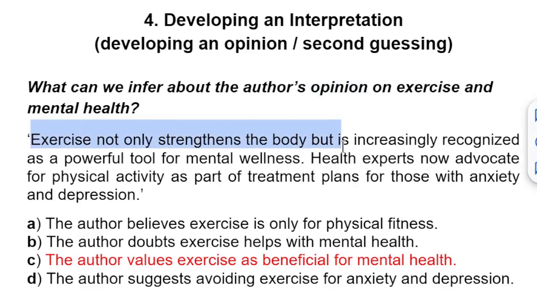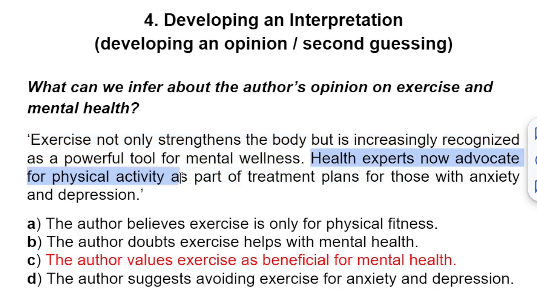Exercise not only strengthens the body, but is increasingly recognized as a powerful tool for mental wellness. Health experts now advocate for physical activity as part of treatment plans for those with anxiety and depression. The main idea of the text is the same as in question 3, where the writer believes that exercise is good for the body, it's good for the mind or for the mental processes, but he uses terms such as a powerful tool.